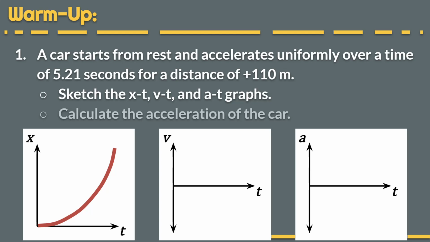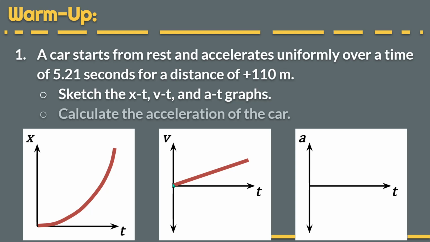So it's not going to be a horizontal line. It needs to be changing uniformly, so the same amount each second. Okay, and it needs to be getting faster, which means it needs to move away from 0. So it's going to look something like this. Now this graph does have to start at the origin, because it specifically says a car starts from rest, which means its initial velocity has to be 0.